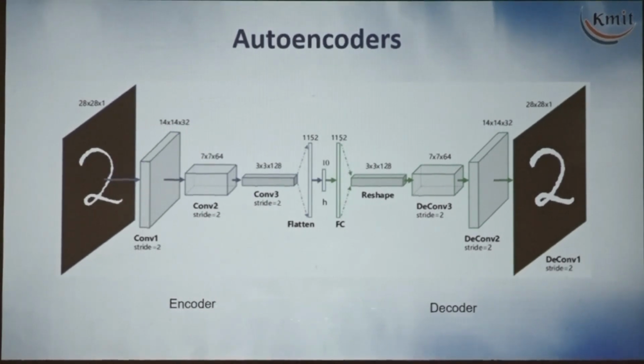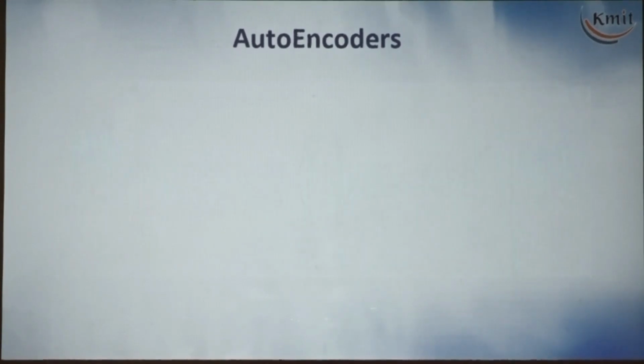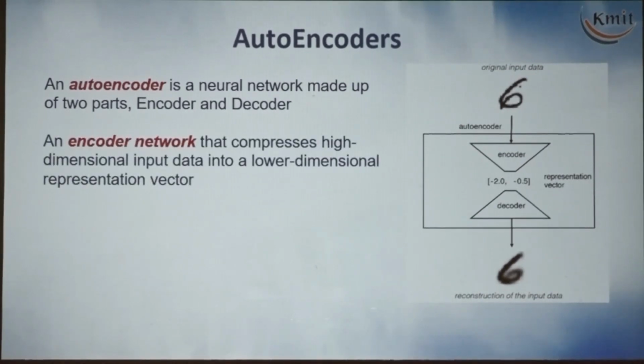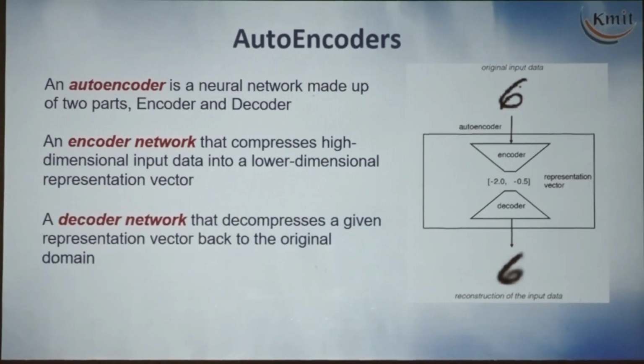Right? So now, this is the encoder, and this part, the regeneration of the image, is called the decoder. In between there is the latent space, which is simply a vector. This is the autoencoder. Now, what is the autoencoder? It is a neural network made up of two parts, encoder and decoder. The encoder network compresses the image into a vector, and the decoder regenerates the image from the compressed vector.